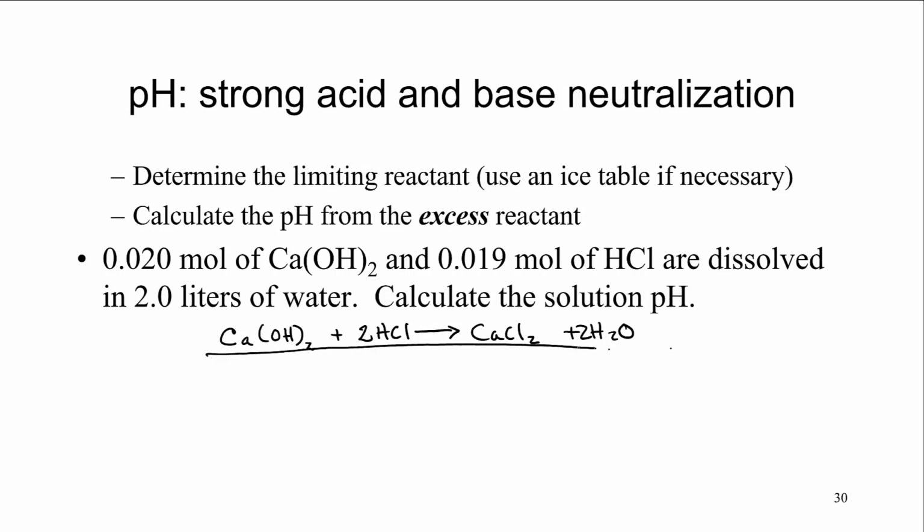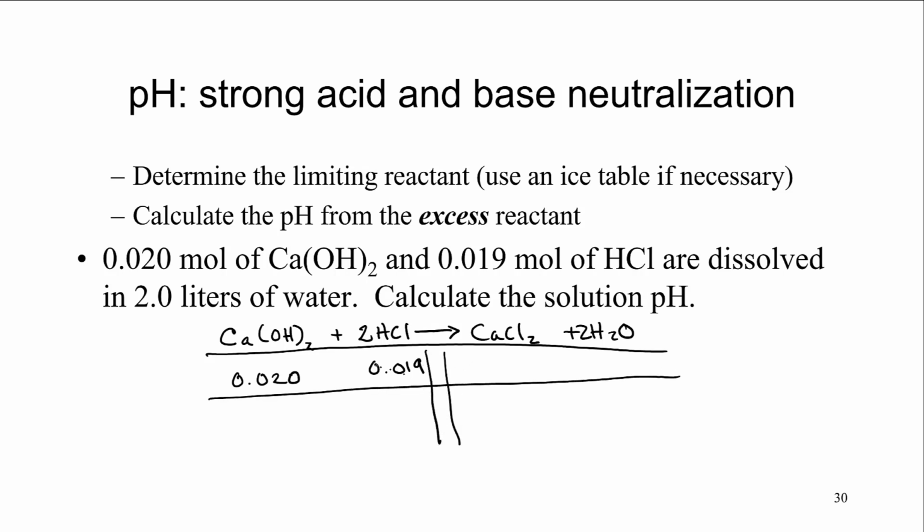Now, I'm starting off with 0.020 moles of calcium hydroxide. And my HCl, I'm starting with 0.019 moles of HCl. So I know this reaction is going to the right because I didn't list any products.